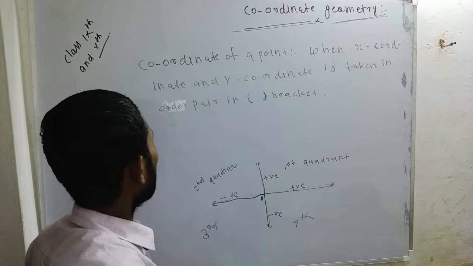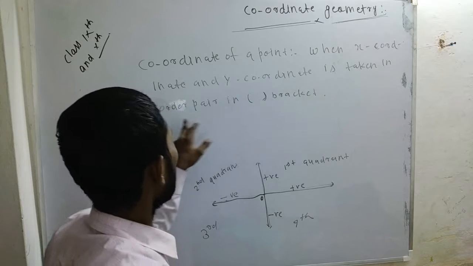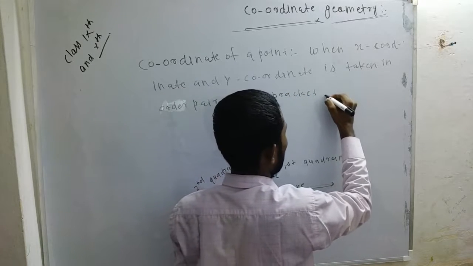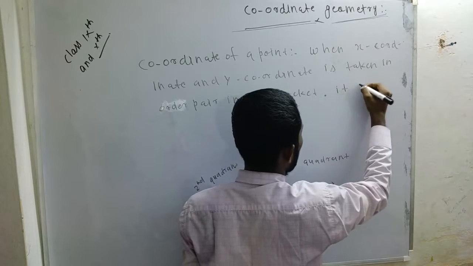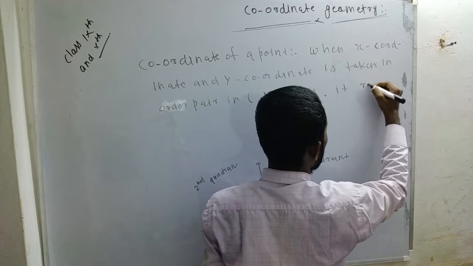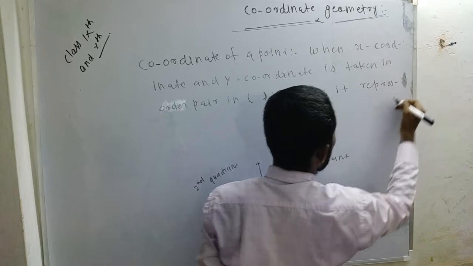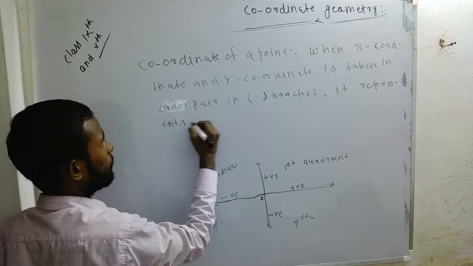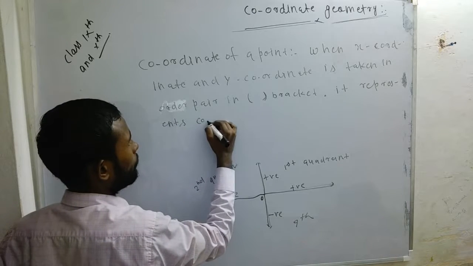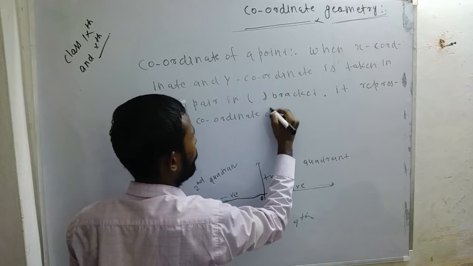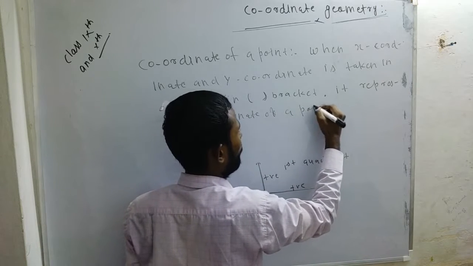That means when the x coordinate and y coordinate are taken as an ordered pair in a bracket, it represents the coordinate of a point.